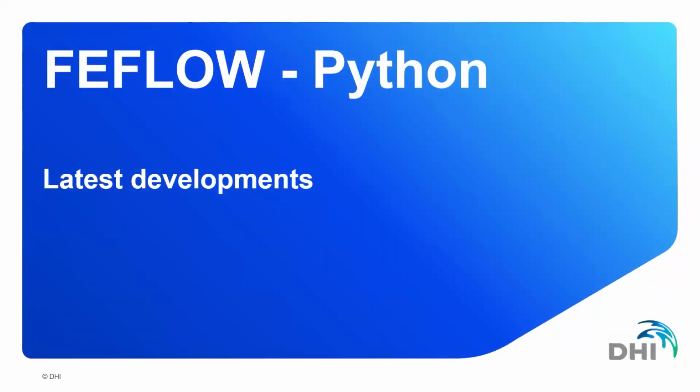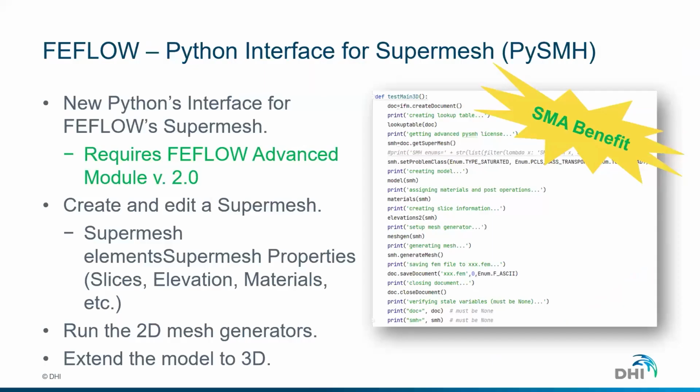And of course, we keep developing more and more. So what I would like to focus on today, in this webinar, is this new interface, what we call PySMH. PySMH is an advanced layer on top of the IFM module. It allows you to manipulate, create, and edit supermeshes.